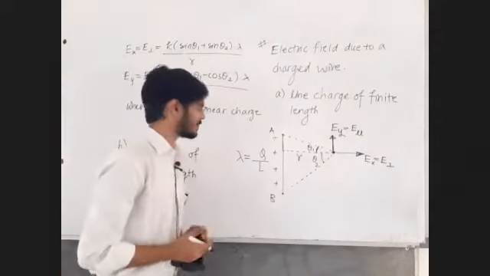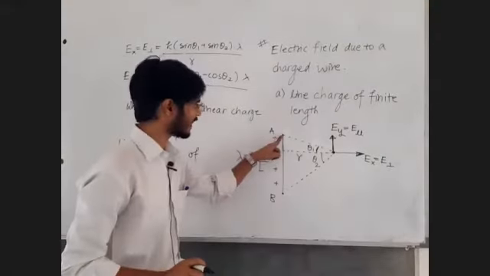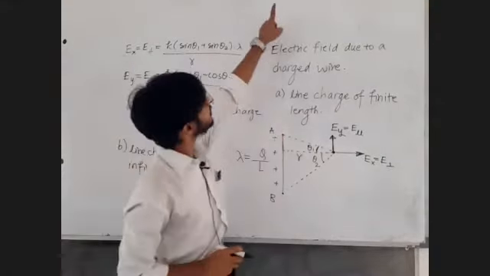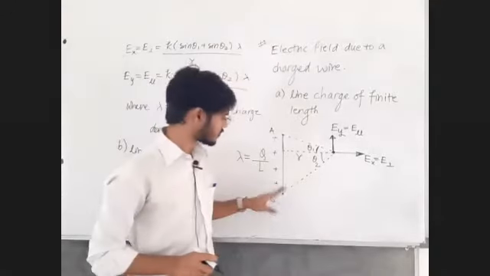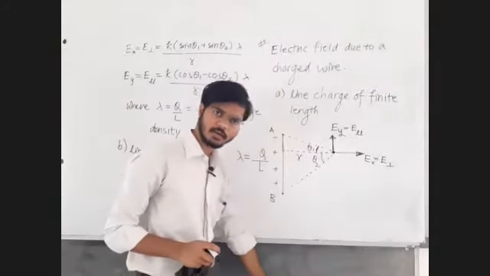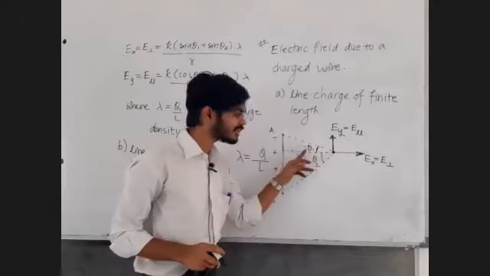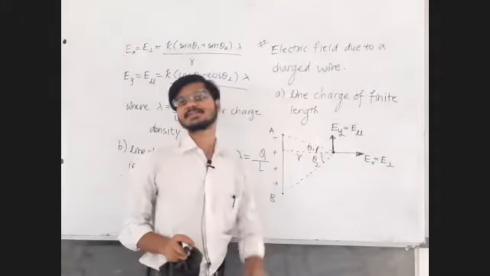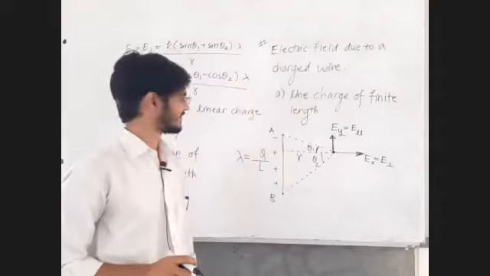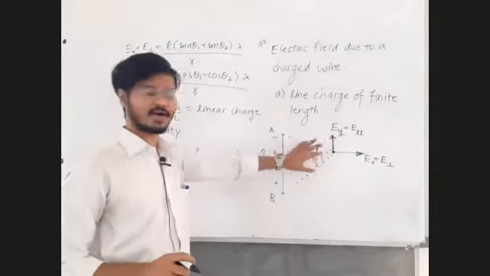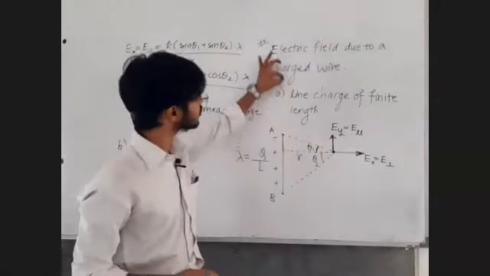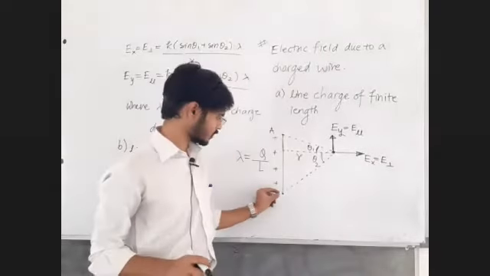Now you people tell me, if this wire becomes infinite, this point A will go up and up and up. This point B will go down and down and down. So this angle theta 1 and theta 2 will be equal to what? Same finite wire, we are making this point A go up and this point B go down.